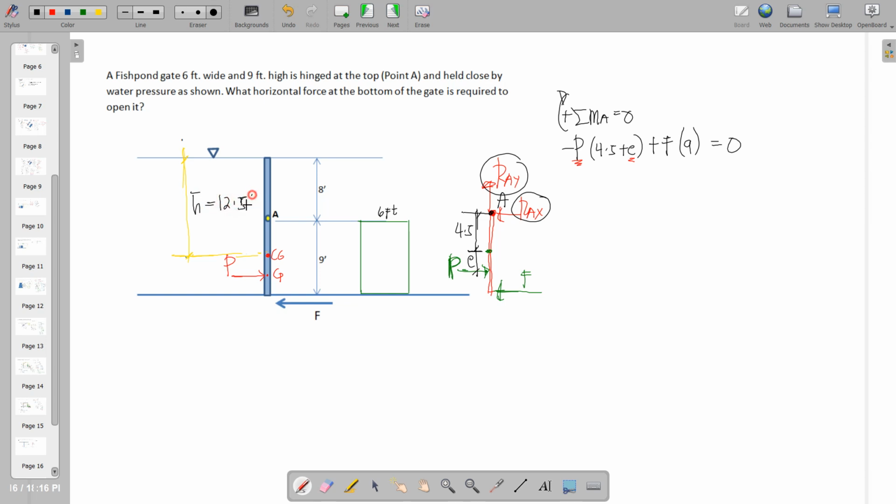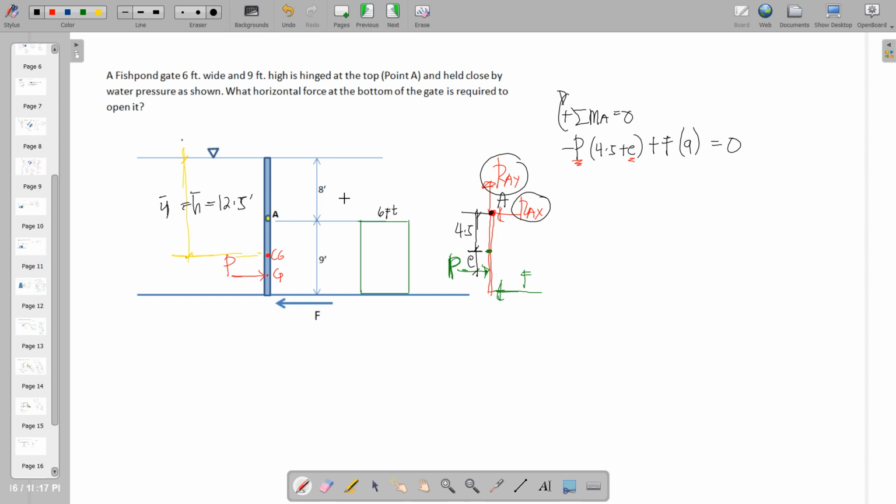Okay, 12.5 feet. Now since our gate is along the vertical, we can equate this to Y bar, because Y bar is on the vertical. So from the center of gravity along the vertical up to the liquid surface is also Y bar, is also H bar.